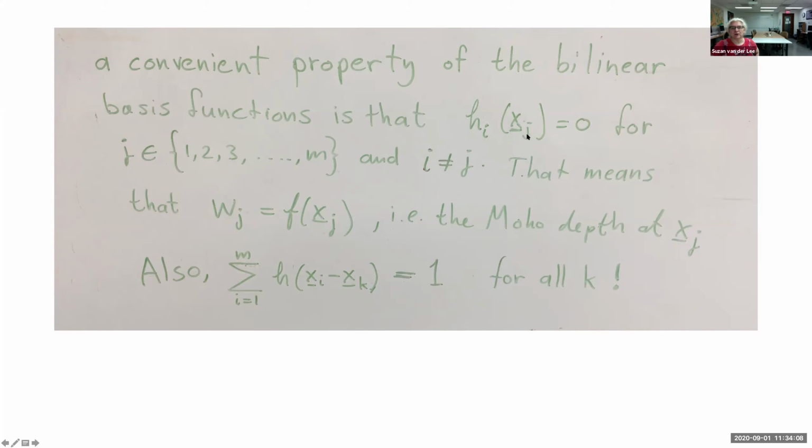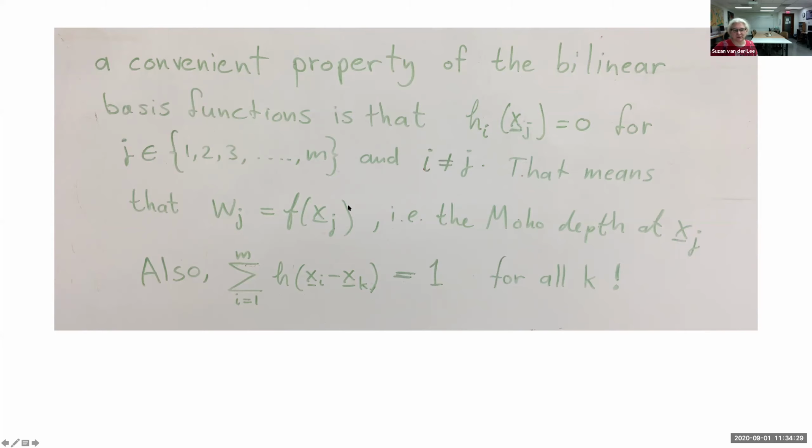So for all other grid points, the basis functions are 0 at x_j. Except at x_j, h_j has the value of 1. That essentially also means that the weight at this grid point j is exactly the value of the function, in this case, the Moho depth.